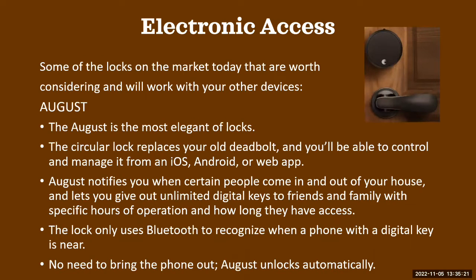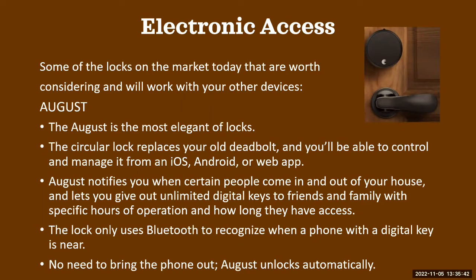Some of the locks on the market today are worth considering and will work with your other devices. For instance, August. The August is the most elegant of locks. The circular lock replaces your old deadbolt, and you'll be able to control and manage it from your iOS device, Android, or web app.